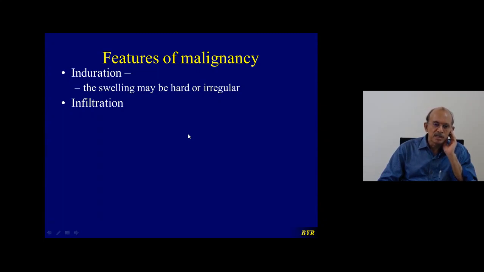So what are the neighboring structures that can be infiltrated, and what are the symptoms? Tell me, what are the neighboring structures that can be infiltrated by a malignant thyroid, and what are the symptoms manifesting because of that?